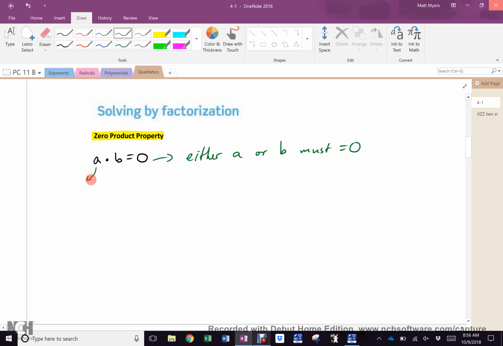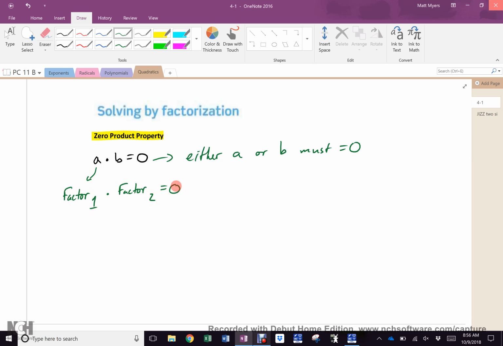So this says factor 1 times factor 2 must equal 0, yes? No matter what the factor is.